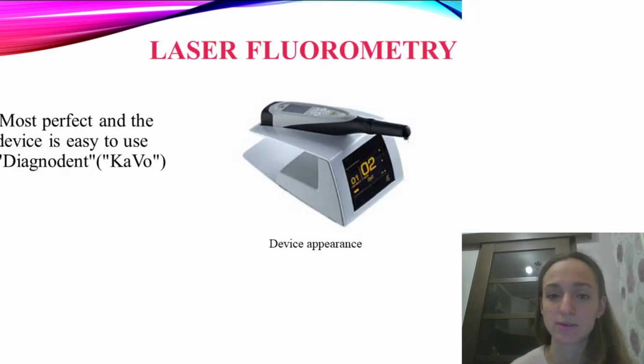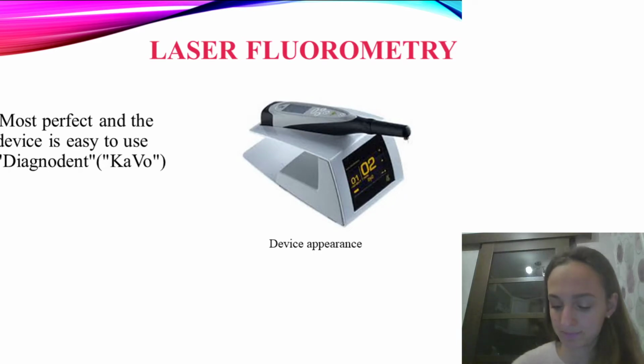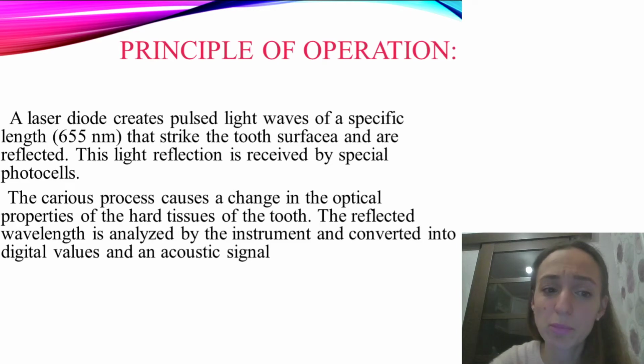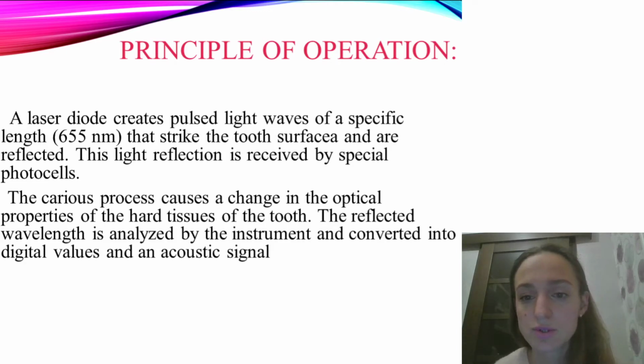Laser fluorometry is the most perfect method, and the device is easy to use. Such a device is, for example, Diagnodent by the company KaVo. Principles of operation: a laser diode creates pulsed light waves on the specific lens that strike the surfaces and are reflected.